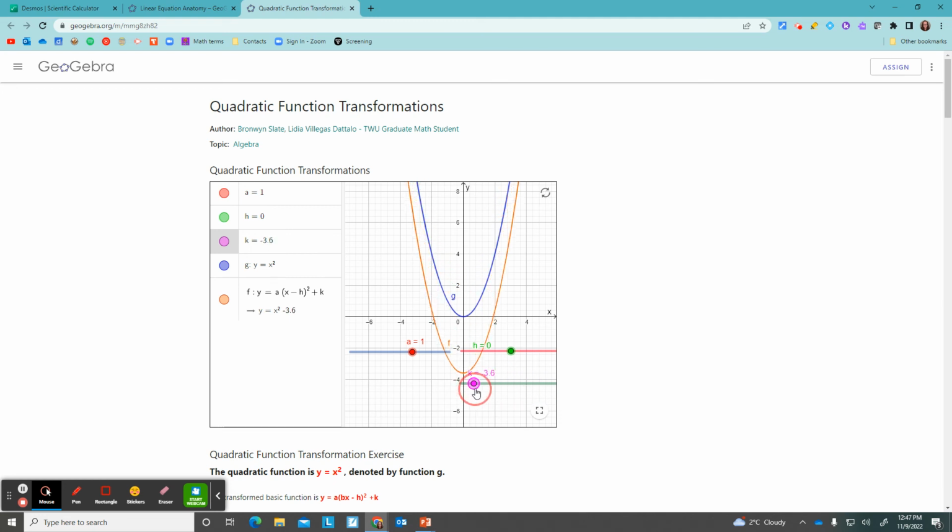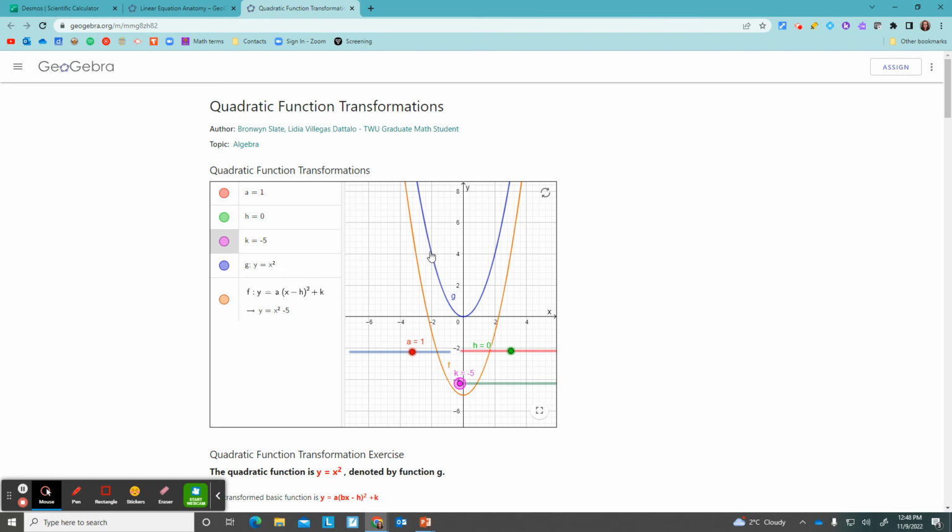If our k value is negative, if I go all the way down to -5, then every single value of our parabola has shifted down, sorry, not 3.5, has shifted down 5 because our k value is -5.